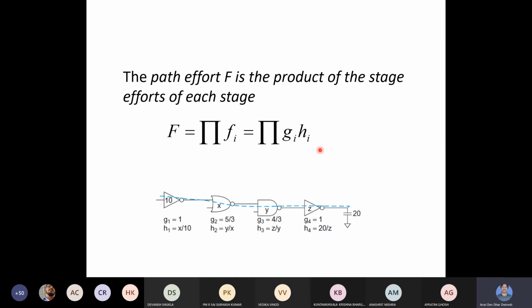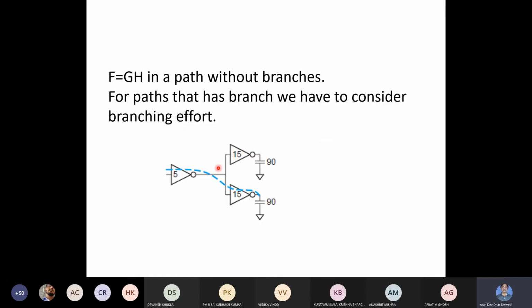So in this way, starting from here to here, reaching up to here, all the individual stages Gi Hi should be multiplied. So G1 H1, G2 H2, G3 H3 up to whatever number. Gi Hi means it is multiplication. So all the individual stage efforts should be multiplied.